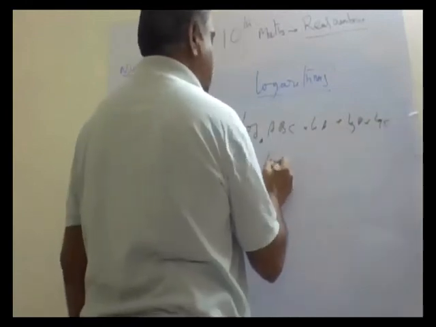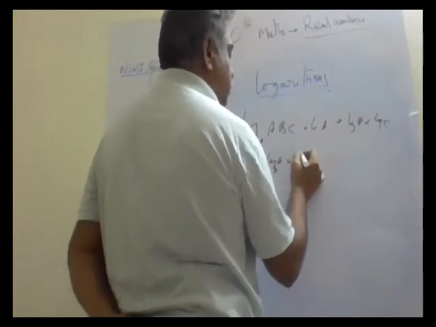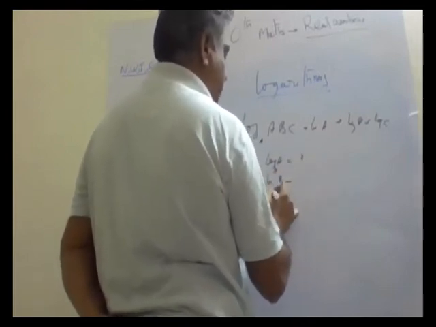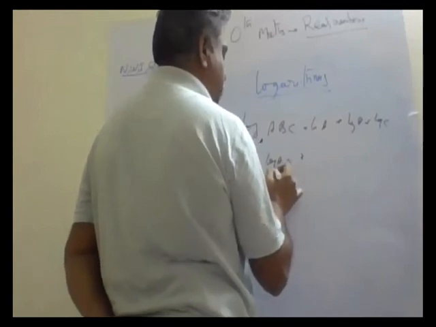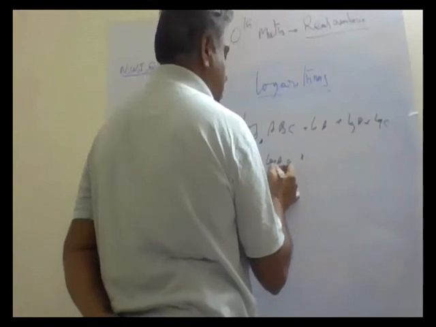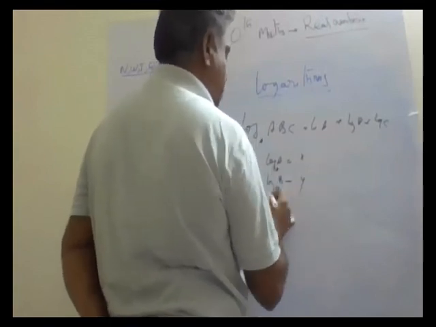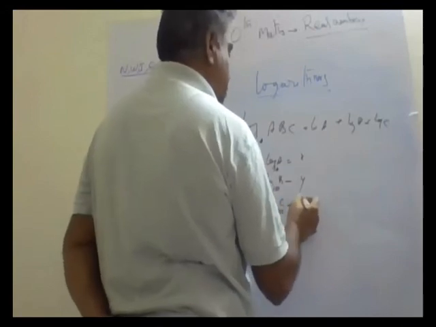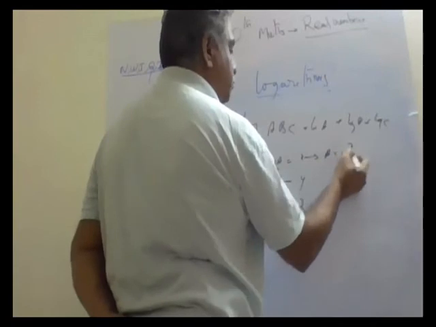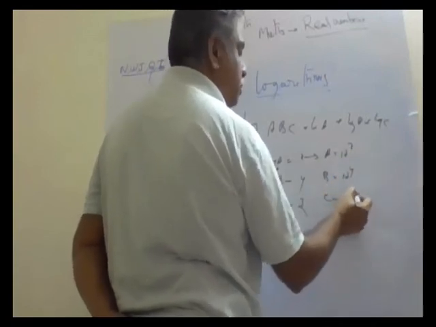Let log a to base 10 be equal to x, log b to base 10 equal to y, and log c to base 10 equal to z. Then a is equal to 10 to the power of x, b is equal to 10 to the power of y, c is equal to 10 to the power of z.